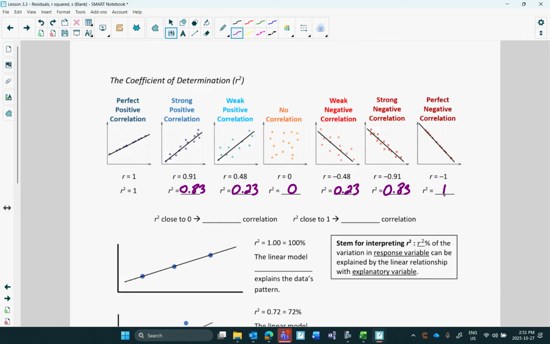Okay. The closer R squared is to 0, like correlation, the weaker the relationship is. If it's close to 1, it's strong. If it is 1, it's perfect, which means that every point is on the least squares regression line, like so.